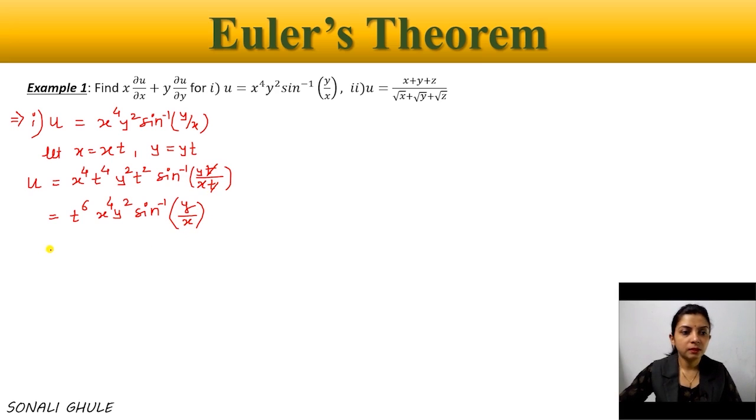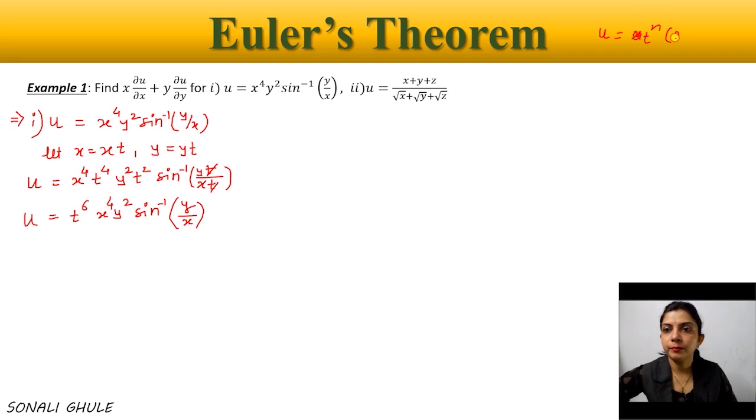Okay, so you can see here after putting x equal to xt, y equal to yt, I can write my function in the form u equal to t raised to n u of xy, right? I'm getting my original function back here after putting x equal to xt and y equal to yt. So this is in the same form.